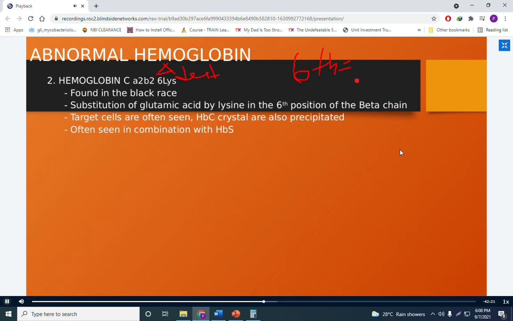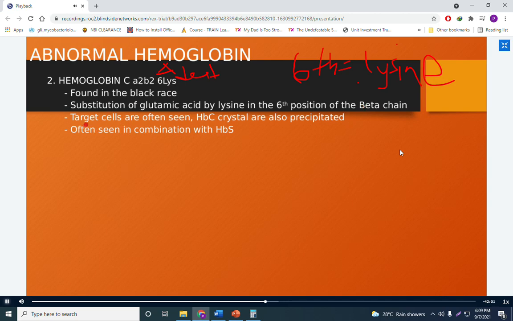The glutamic acid. Ngayon, sa case naman na to, tinalitan ni lysine. Si lysine naman yung nang-agaw. So this is again found sa black race. Substitution of glutamic acid by lysine in the 6th position of the beta chain.